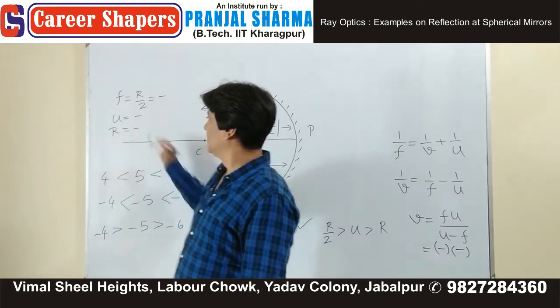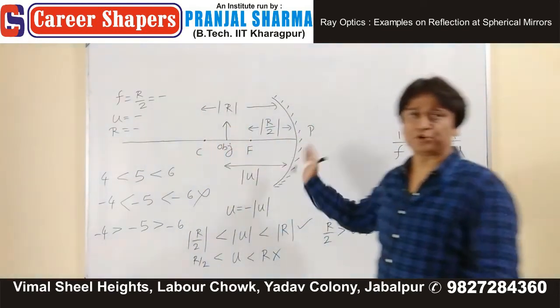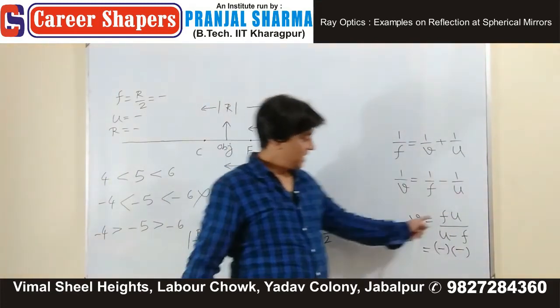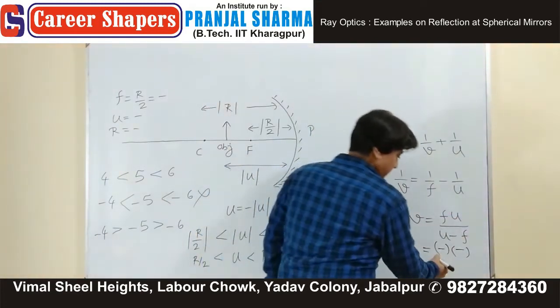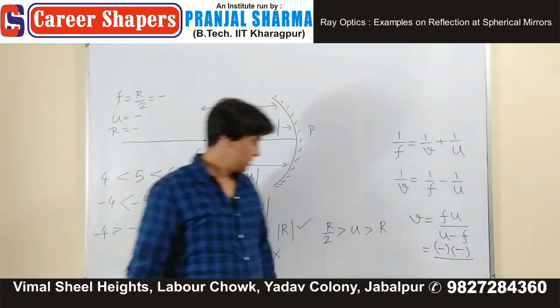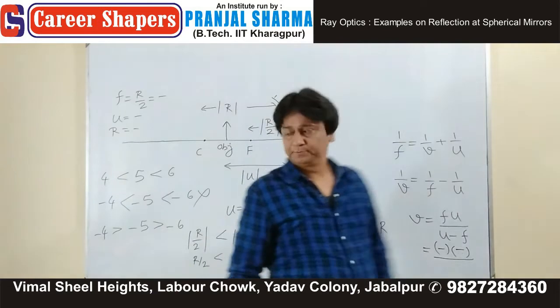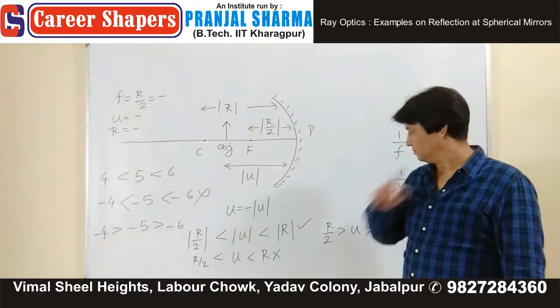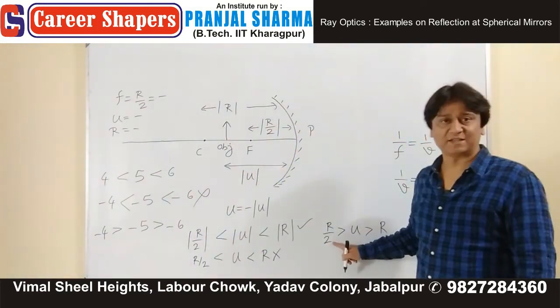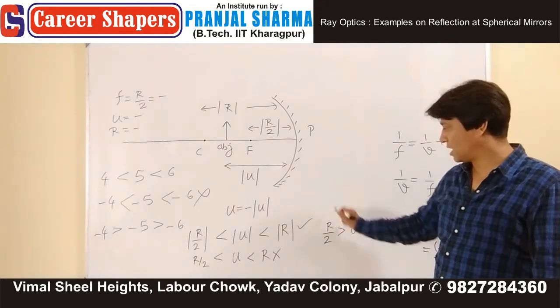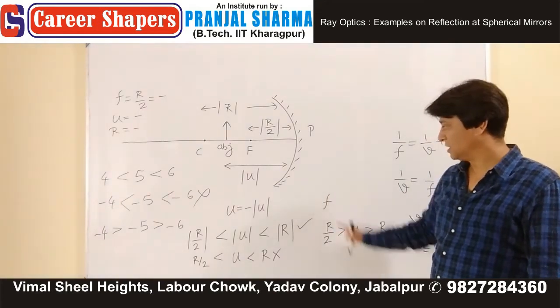R is on the left side, the center of curvature is on the left side and therefore is negative. So your f and u both are negative. This r by 2 is basically the focal length, so let me write down r by 2 as f.